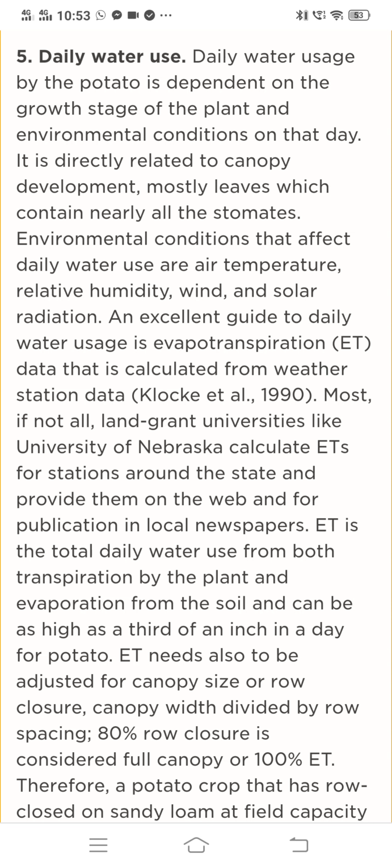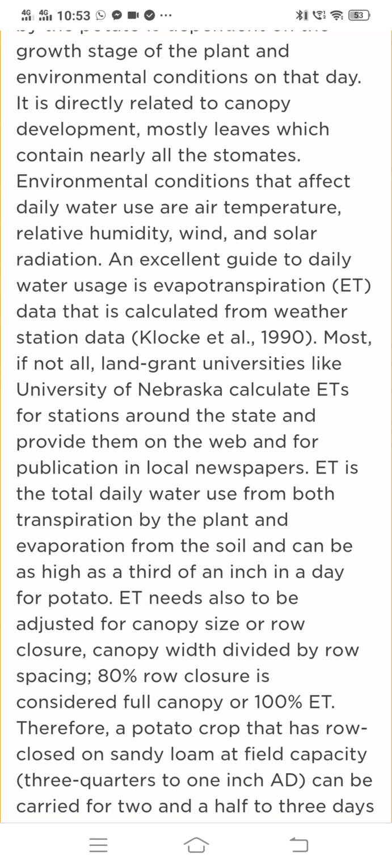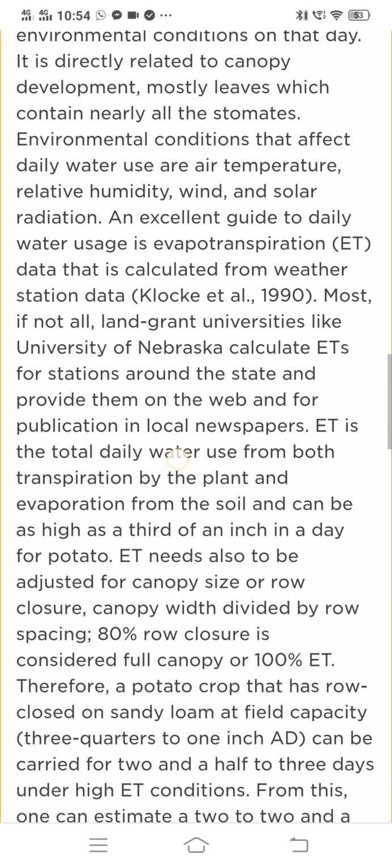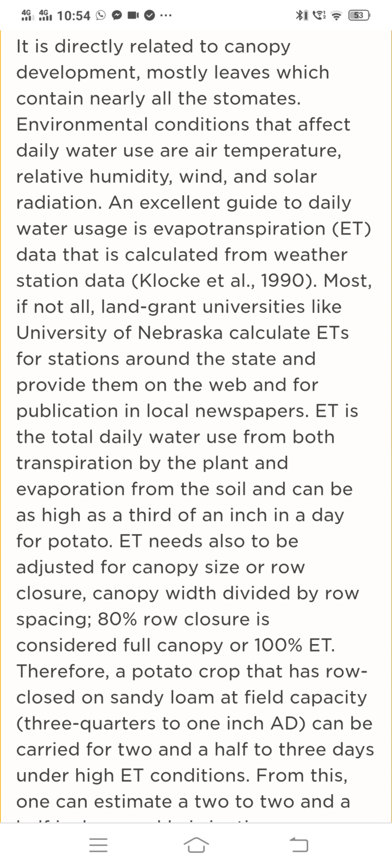The part of shoot in the plant is known as canopy. So, how much amount of canopy is developed, this decides the daily water usage with the environmental conditions of that day. Mostly leaves which contain nearly all the stomatas.